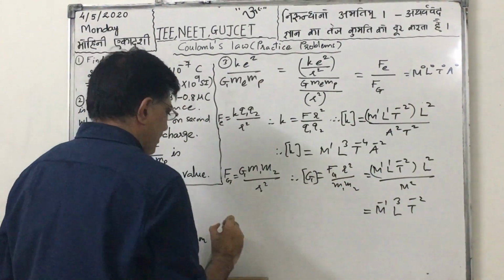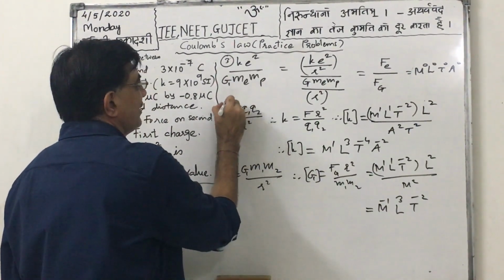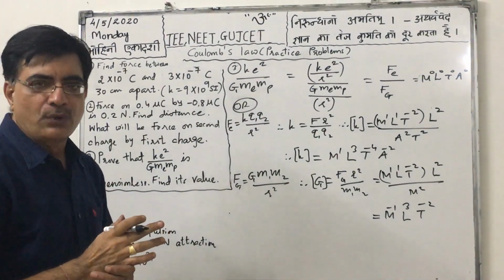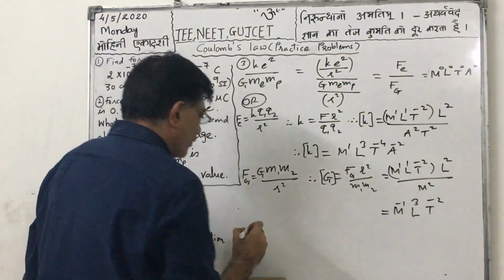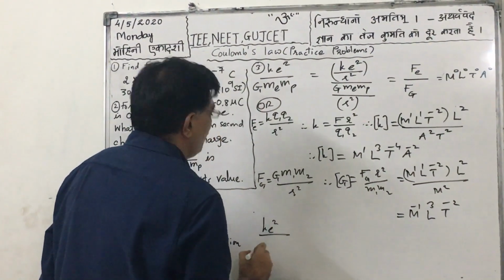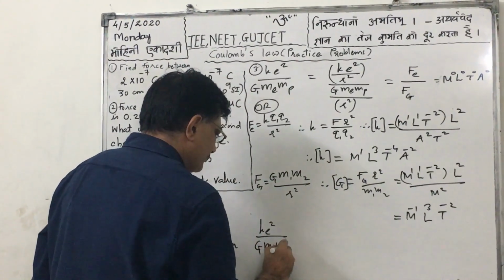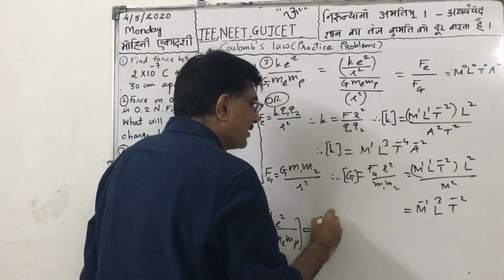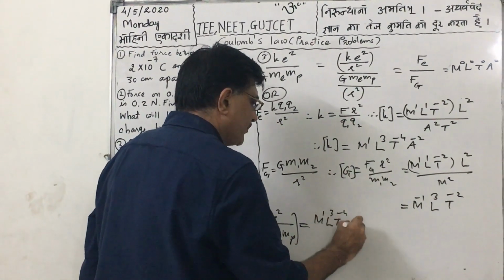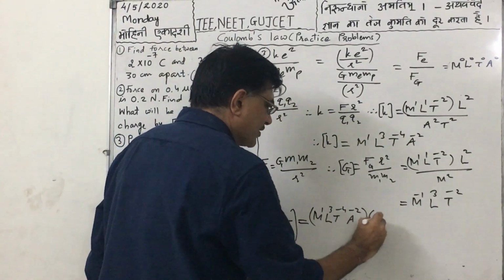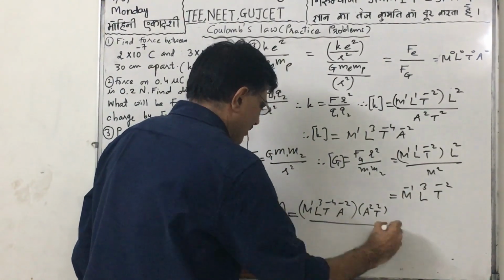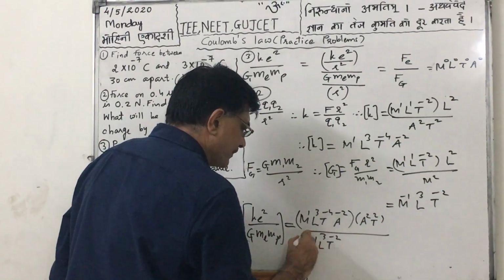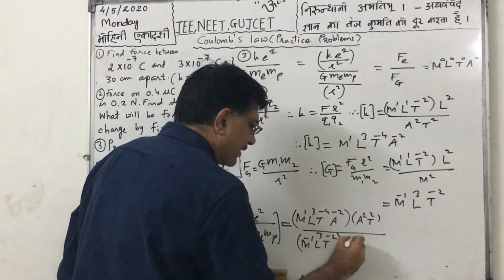Now this is the second method. We are putting the dimensional formulae of all the quantities and proving it. So K E square upon G M E M P equals K is M1 L3 T minus 4 A minus 2 into E square is ampere square times second square, divided by capital G is M minus 1 L3 T minus 2 and mass square is M square.